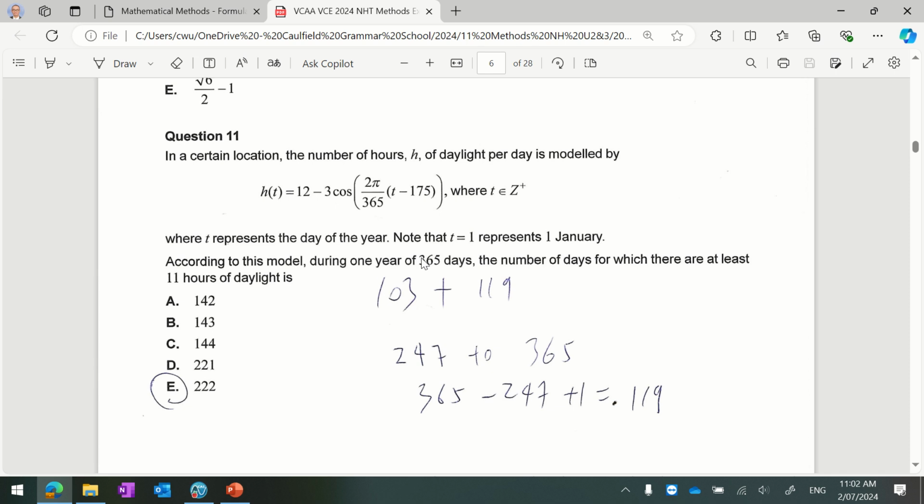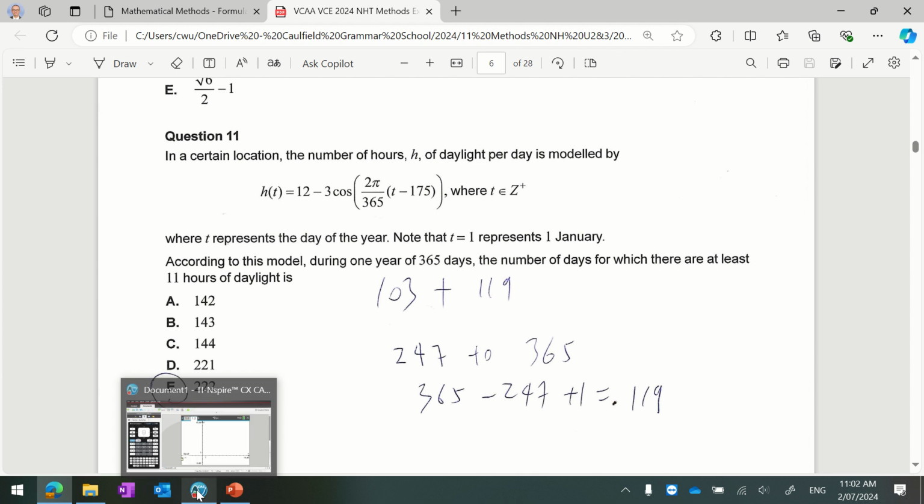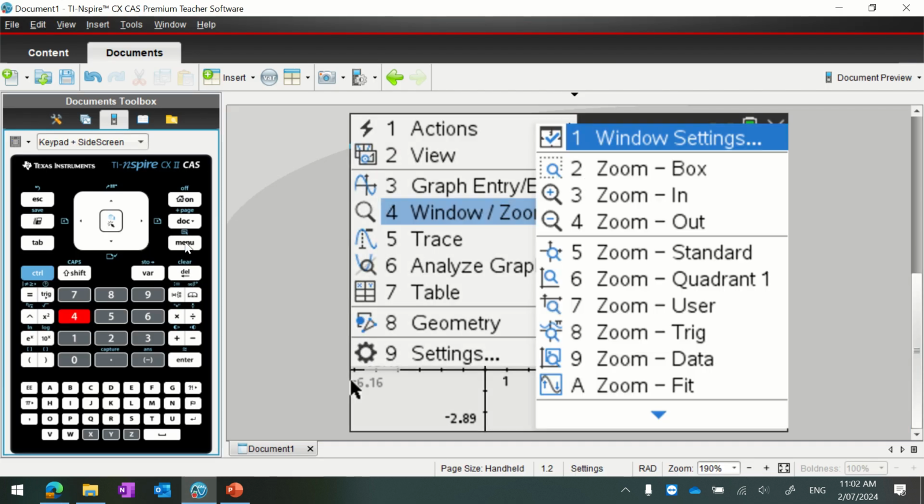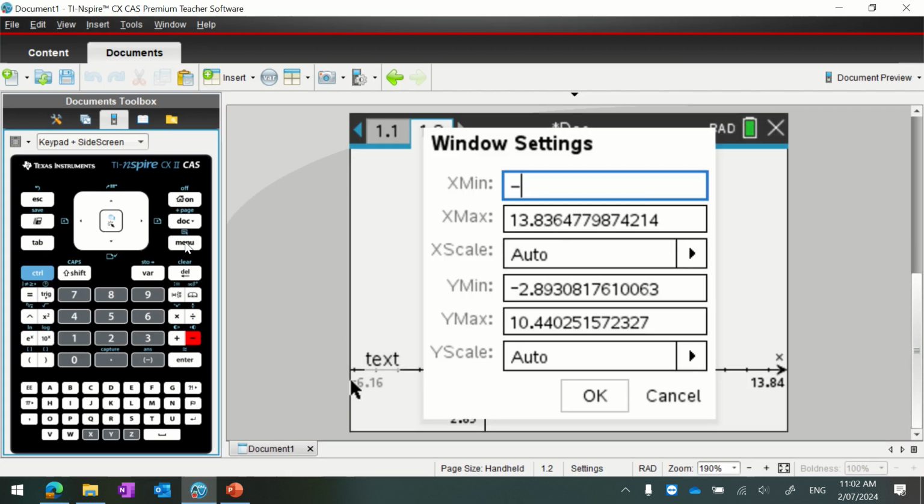So it is 1 year of 365 days. So the t value goes up to, let me go to -1, and then make it 370. So that's the t value, which in here is x.